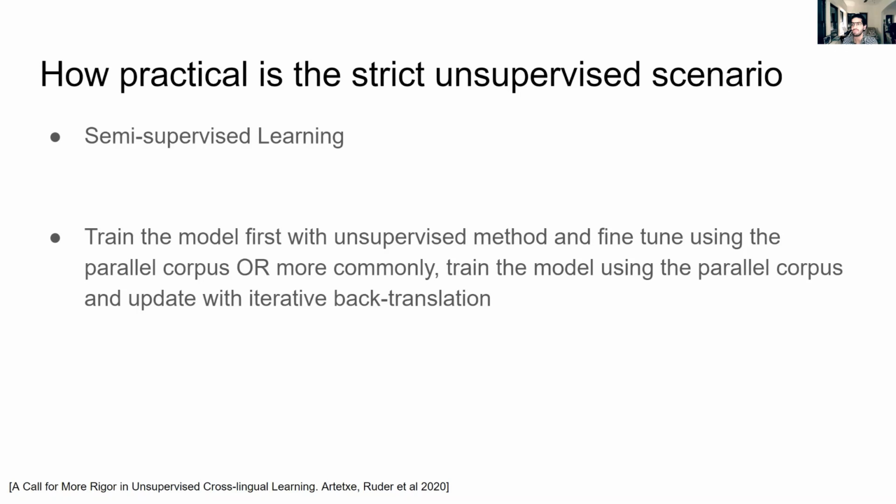So you do have some amount of parallel data available in many, many languages. But that doesn't mean that you have good monolingual data for those languages. So since some parallel data is available, a better way to go about those languages is semi-supervised learning that Graham talked about.